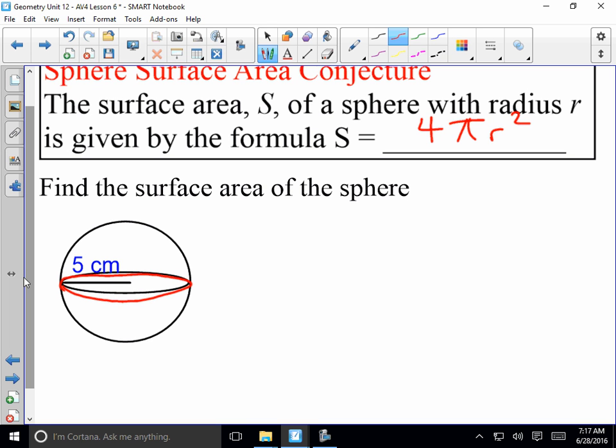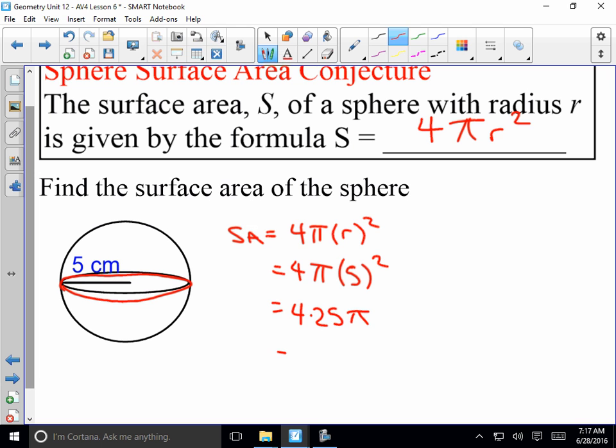So if I want to find the surface area of this sphere, surface area equals 4 pi radius squared. We have our radius value of 5, so it equals 4 pi 5 squared. 5 squared is 25, so we can rearrange it: 4 times 25 pi, and then we finish up by multiplying the 4 times 25.